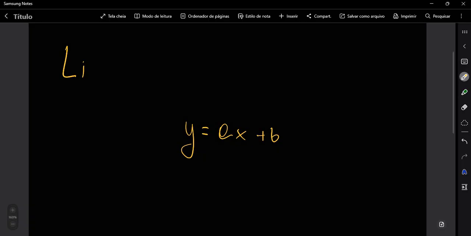For each x we will have a corresponding y on the line. This is the simplest example, and this equation is linear because for each point x we have a corresponding y.